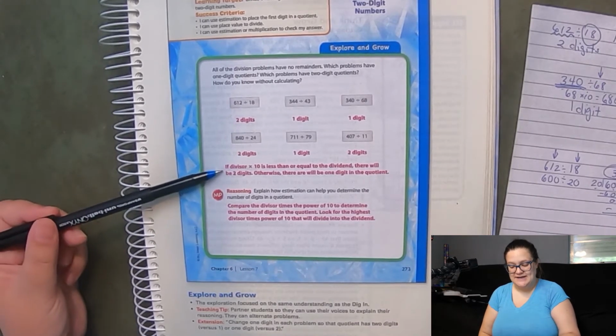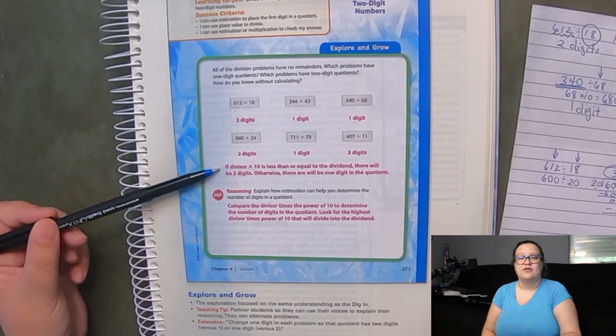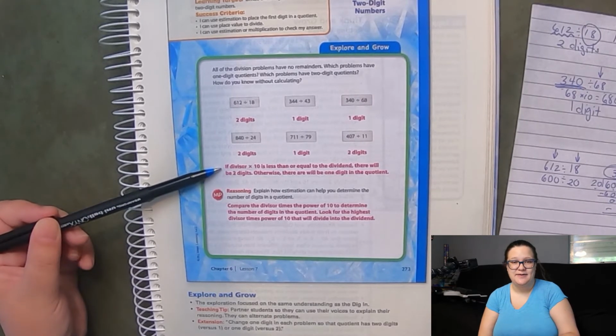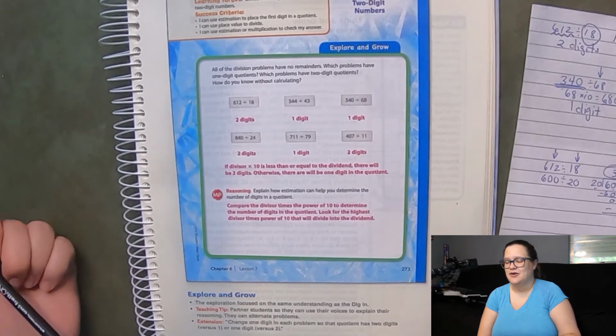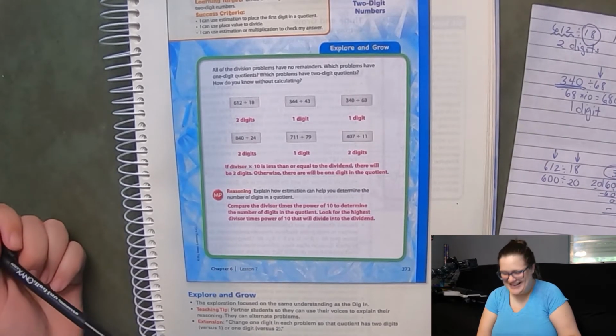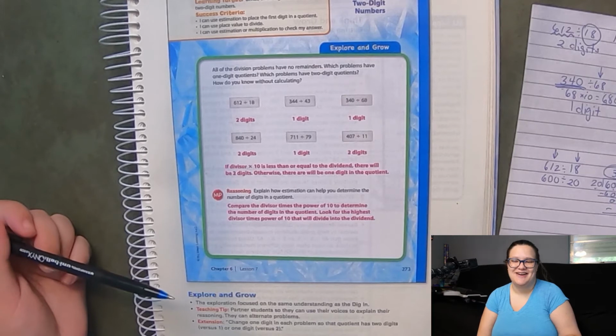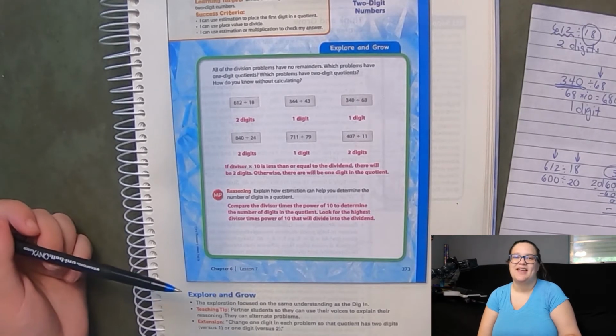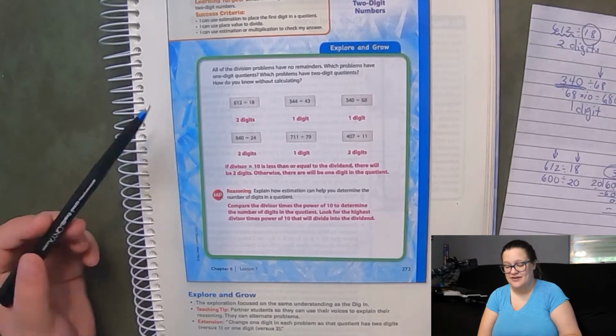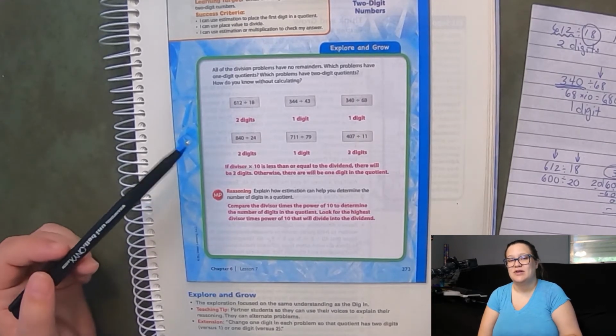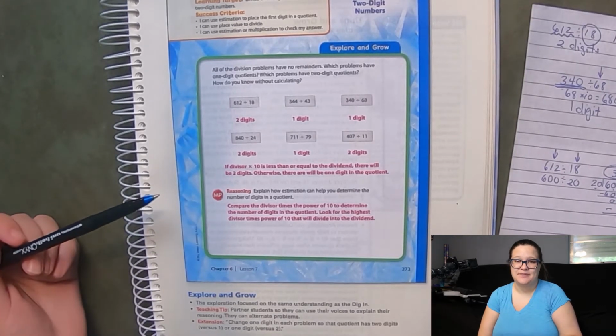Your explanation in this section is: if you multiply the divisor by 10 and the answer is less than or equal to the dividend, you will have a 2-digit answer.